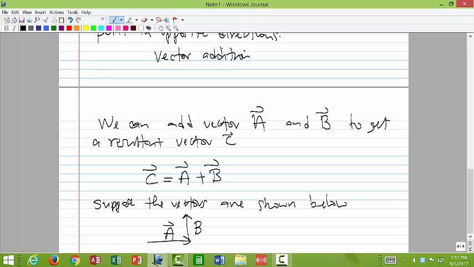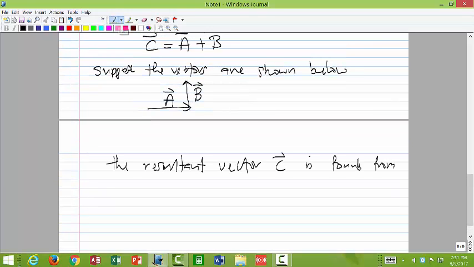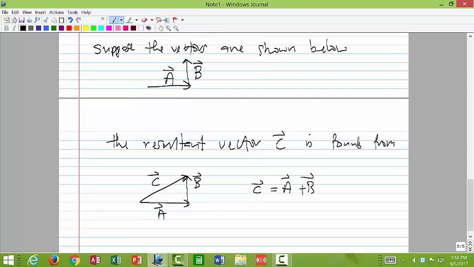This is vector B. The net or the resultant vector can be found. So let me put the A at the bottom instead. So vector C is this vector here. So C is equal to A plus B.